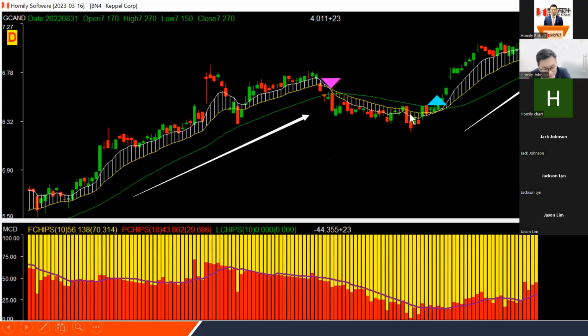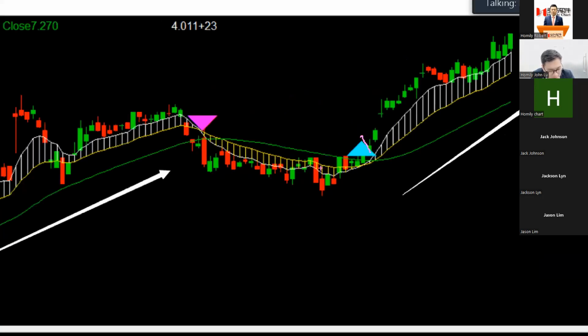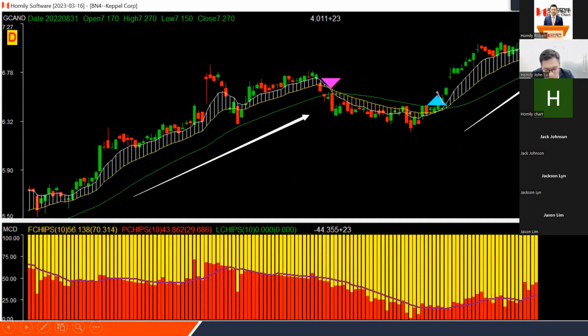Then I see the light blue triangle, I enter. Yes, can. But sometimes there are so many good opportunities, and I don't know when I can enter and sell for the short term in the uptrend. Sometimes I want to do the buy and sell, the trading in the uptrend.